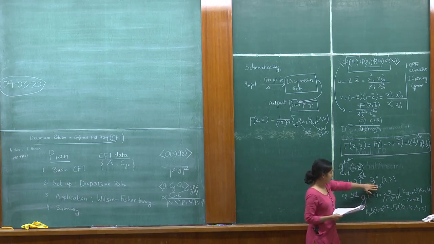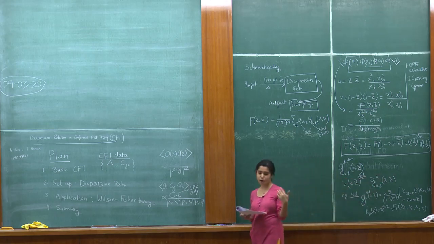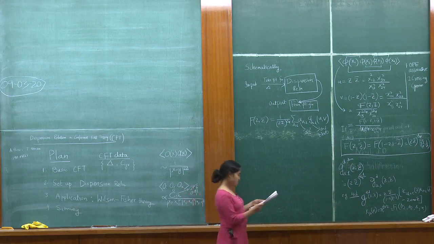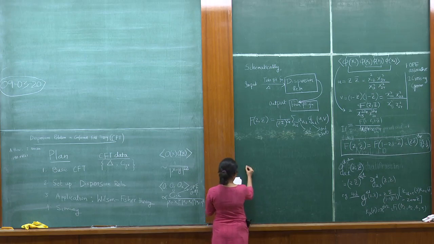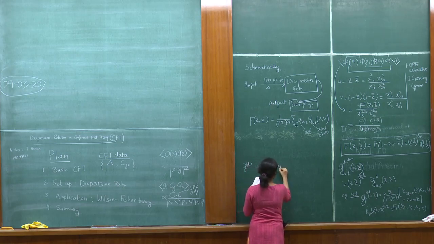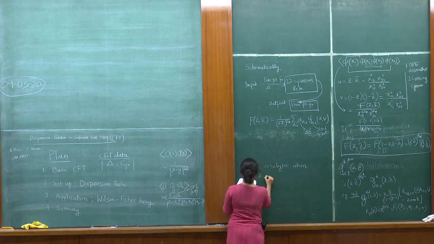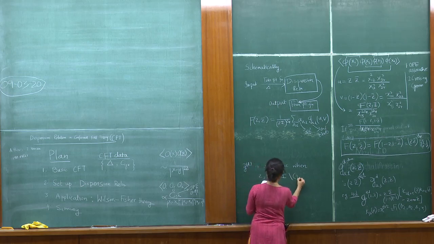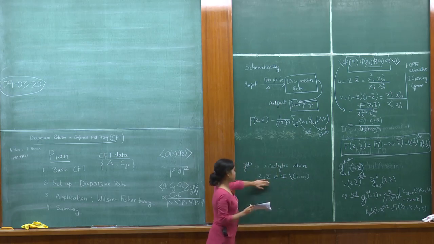Now, this is known in terms of a power series expansion in z and z-bar. One can see that this sum is convergent, and this D-dimensional block is analytic when z and z-bar lie in this regime.